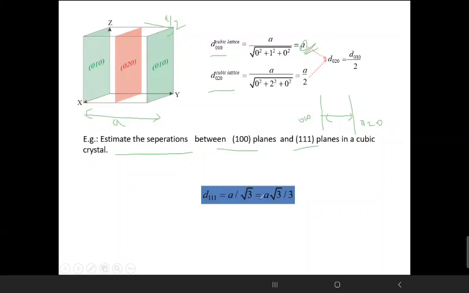And for 111, a over the square root of 1 squared plus 1 squared plus 1 squared, so a over root 3. So a is the separation between 100 planes, and a over root 3 is the separation between 111 planes. Do you have any doubts?